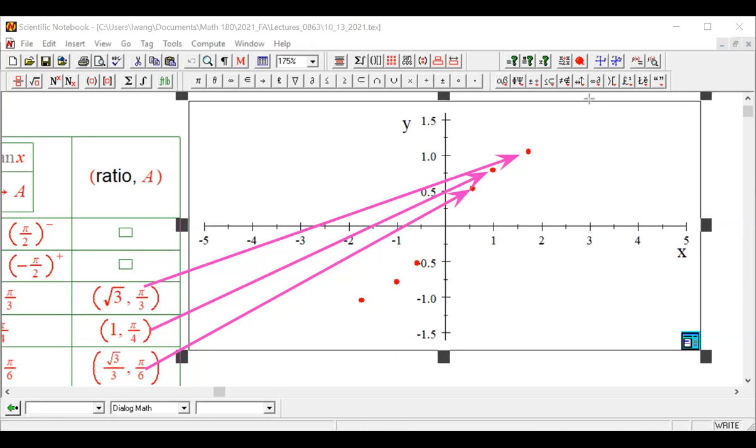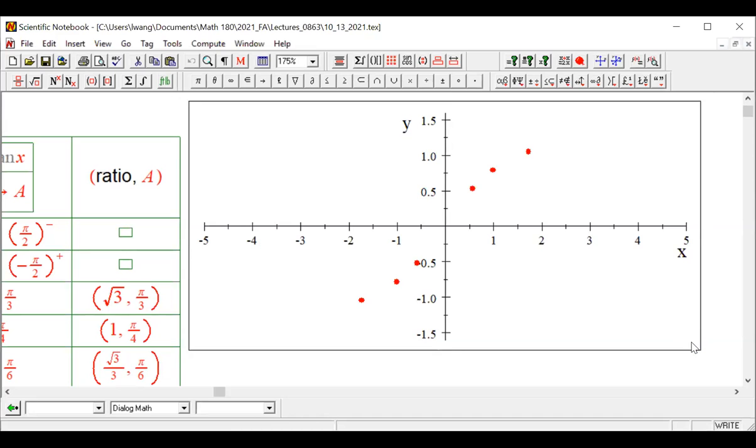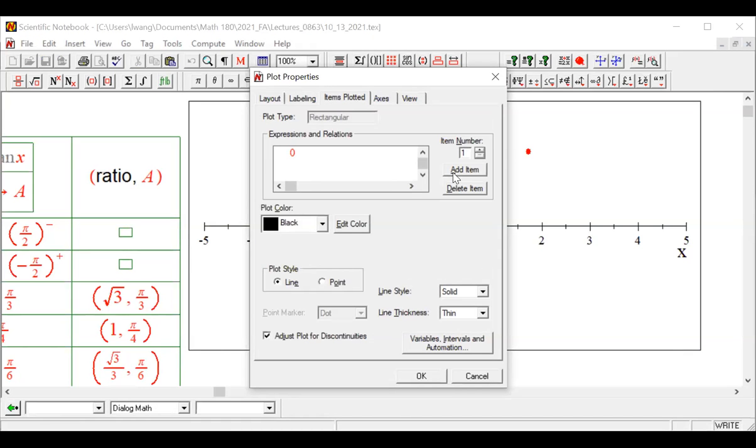Now it's time for us to introduce the arctangent curve. Arctangent curve, red.